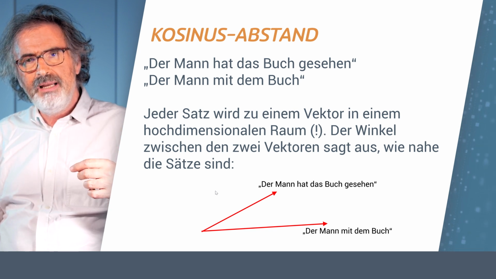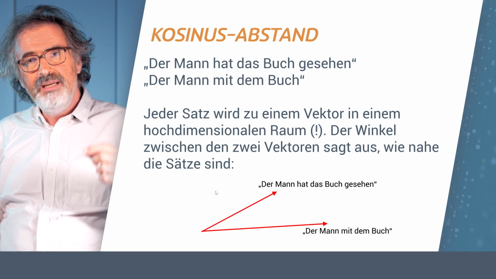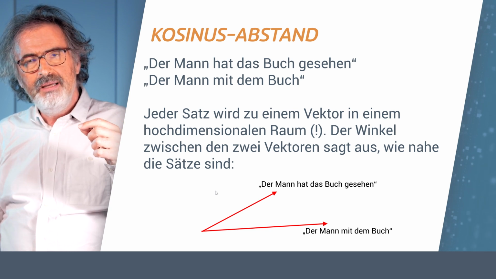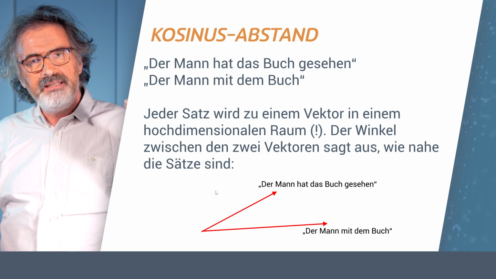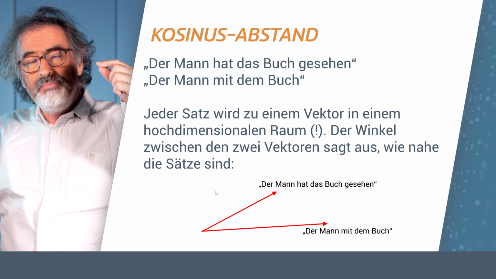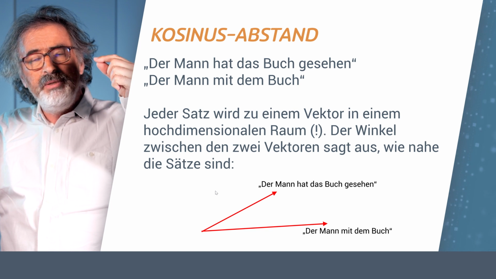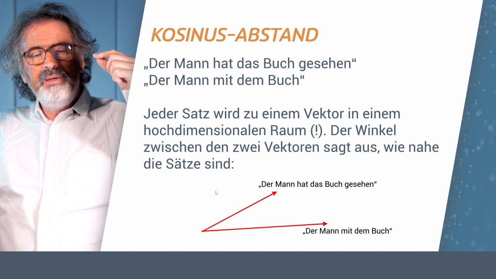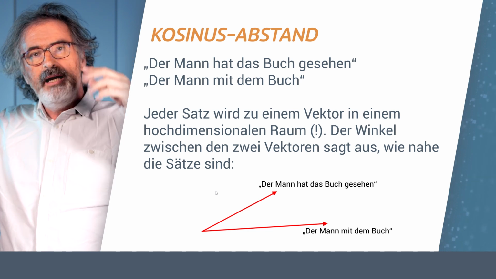What I mean by that is that for every sentence, I will count how many times each word appears. And I will do the same in the other sentence, and then I will be able to match these dimensions. How many times does the word the appear? How many times does the word man appear? How many times does the word saw appear? And so onwards.